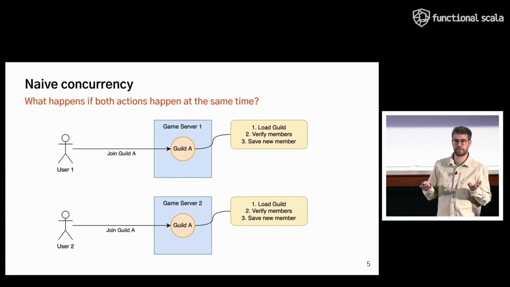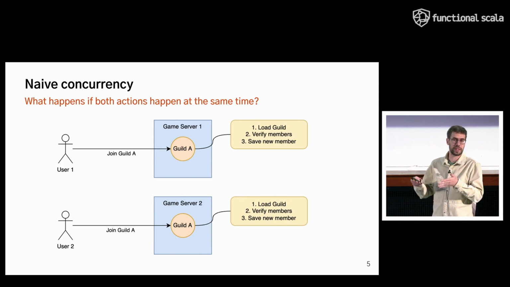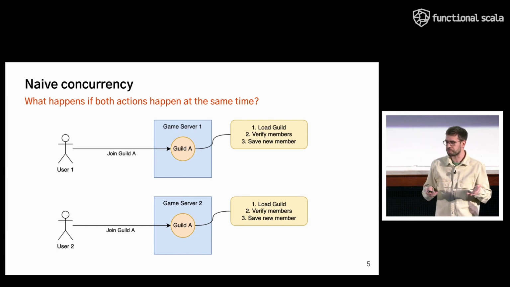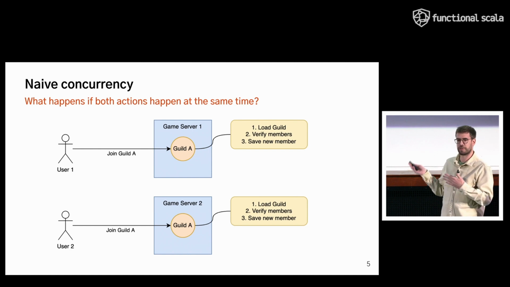But what happens if two players try at the same time to join the same guild, and the request for the second player goes to another game server, and that other game server does the same verification at the same time, and they both accept a new user? Maybe our guild had only one spot left, and now it's going to be over full. So how do we deal with this kind of problem in a distributed environment?